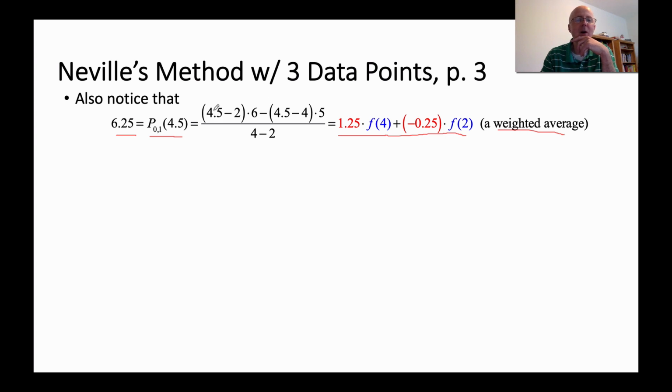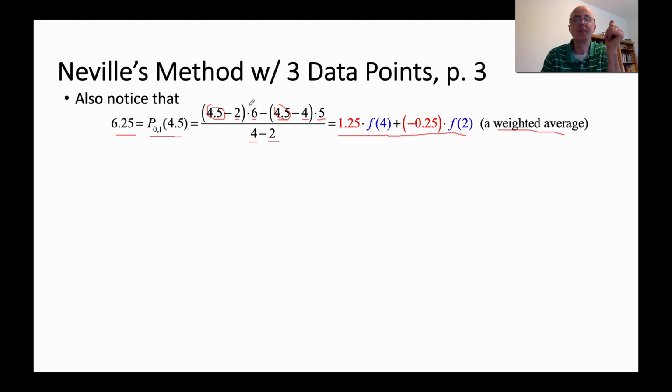Okay, what did I do? I went back to the equation on the previous slide. I plugged in x equals 4.5 in place of the x. So this was x minus x0, which was 2, times f of x1, which was f of 4, which was 6, minus, in parentheses here, x again, minus x1, which was 4, times f of x0, f of 2, which was 5, divided by x1 minus x0.